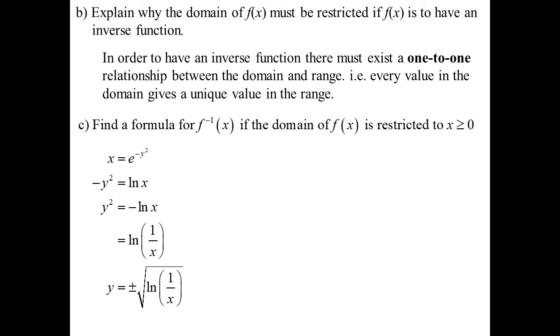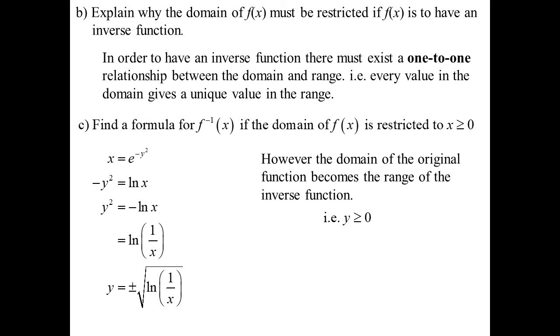So y squared will equal log of x to the minus 1, which is 1 on x, of course. So y squared is 1 on x. Y is then plus or minus. Now we have to take into account our restriction to see which one it was. Well, again, if you look at the original curve, I want to grab a piece of that curve so that it's continually increasing or decreasing.